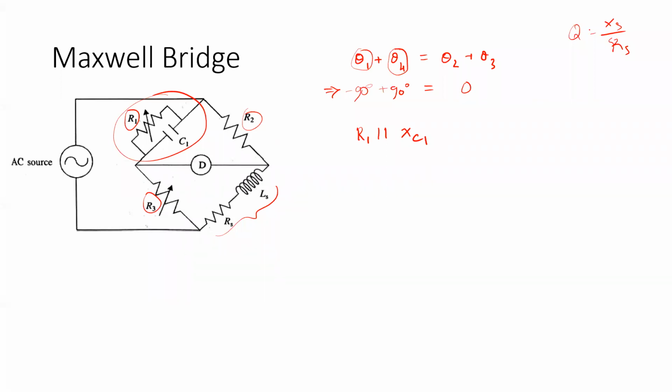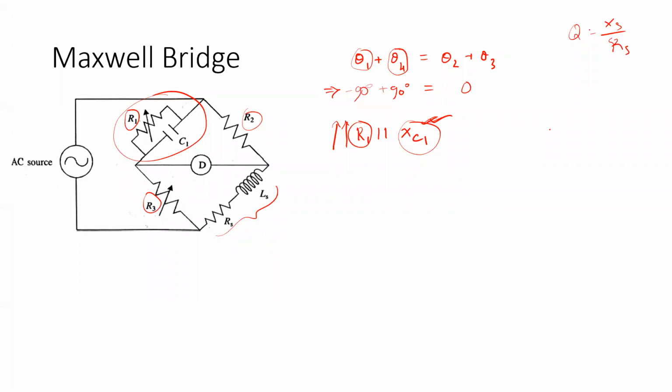If we want to make it closer to XC1, then we have to set this value to a very large amount, because when this value is very high compared to this one, then the equivalent impedance will be close towards XC1.